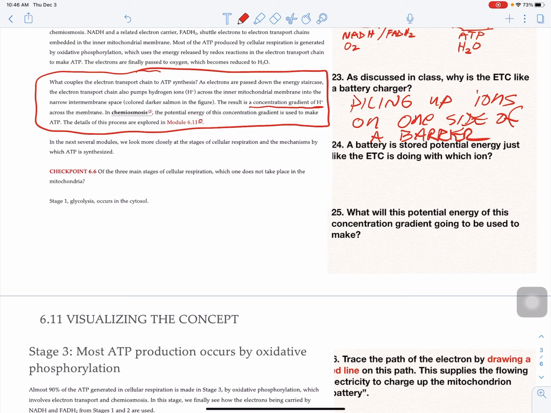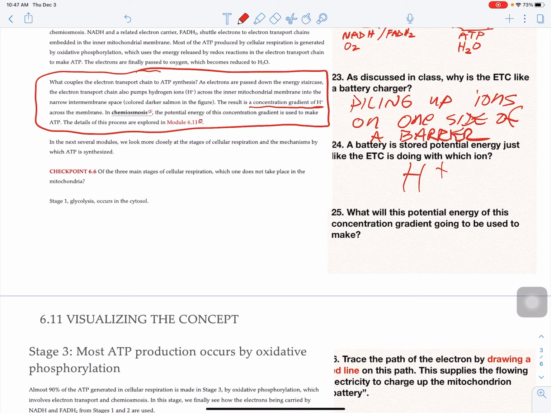It's going to pile them up on one side, and they can't get back across until the cell opens up the channel. So in your cell membrane project, you know that cells can control these proteins when they open and when they close. So by active transport, it's going to pile up ions against the concentration gradient until it has as much as it can pile up on one side. This is potential energy. A battery is stored potential energy that can do work. What's the ion? Hydrogen ion.